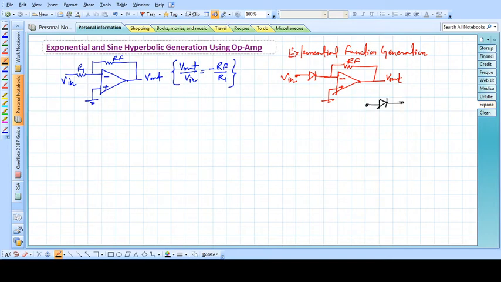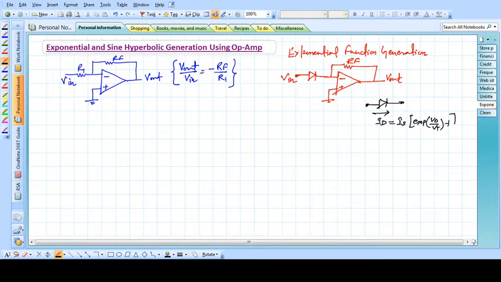If this one is a diode, the diode current ID is the saturation current into exp Vd by Vt minus 1. This one is the basic.